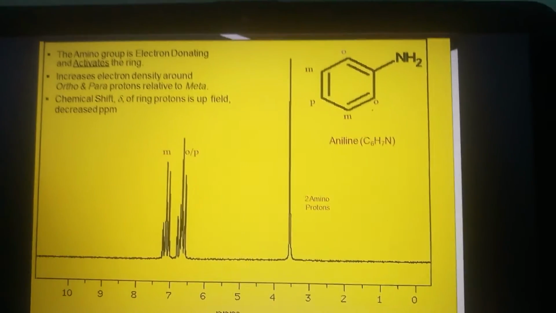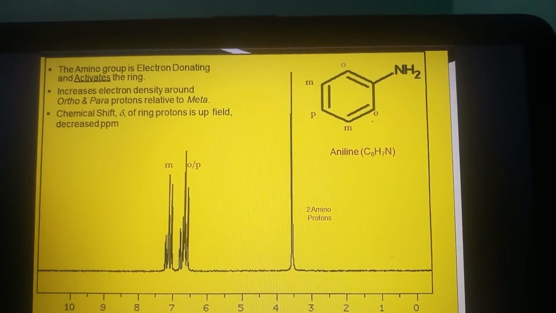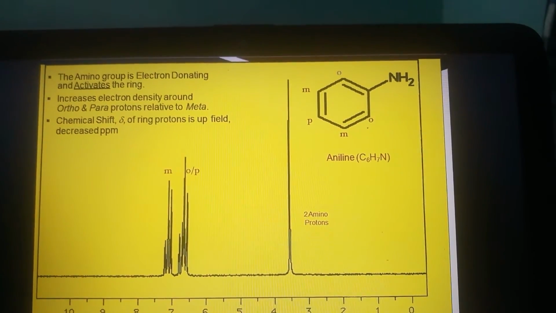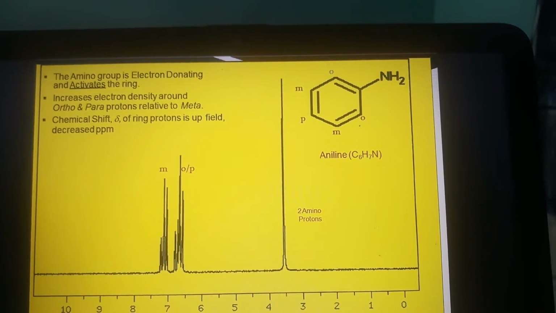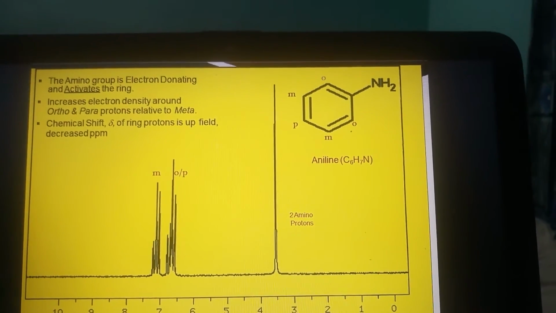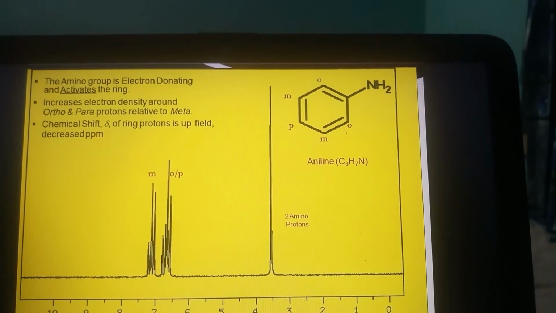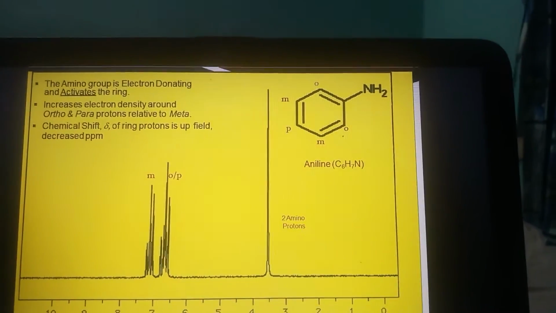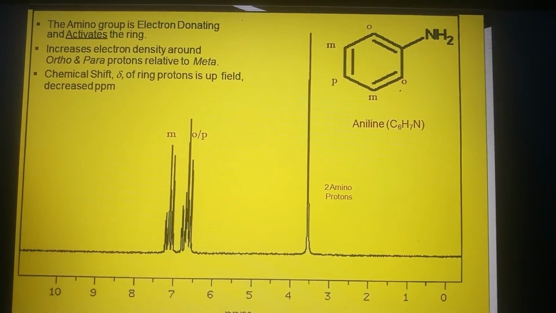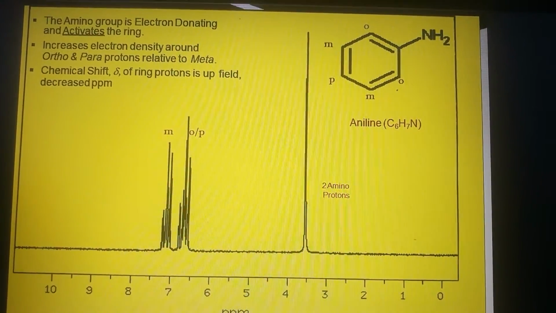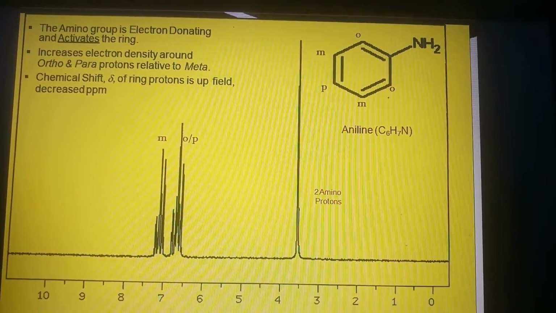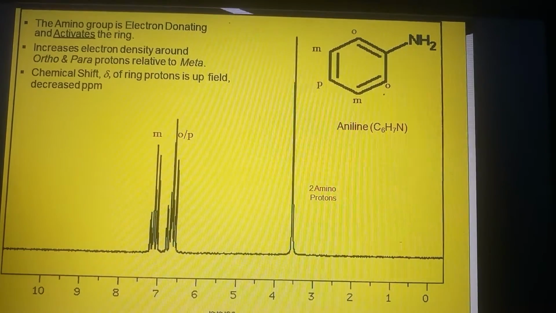Another example, aniline. Here the amino group is electron donating and activates the ring, increasing the electron density around ortho and para protons relative to meta. So the chemical shift of ring protons is upfield, decreased ppm.